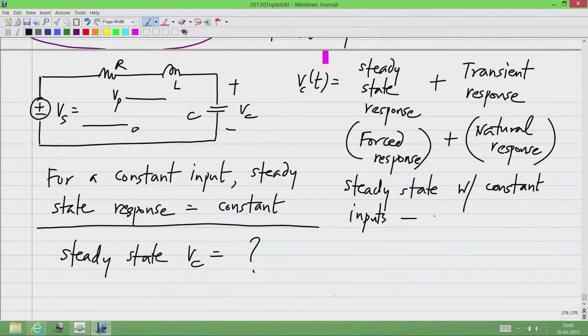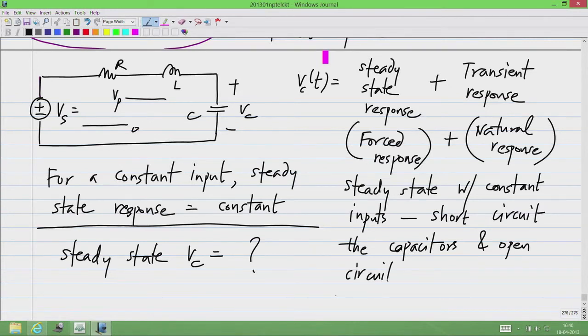To evaluate this, you short circuit the inductors and open circuit the capacitors. Sorry, I said it backwards.